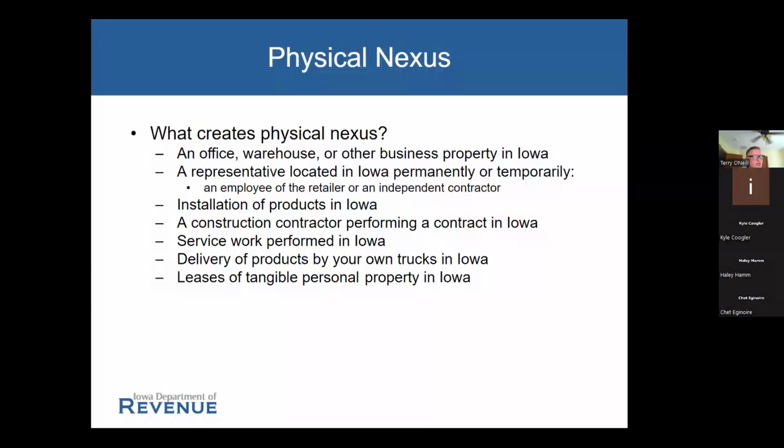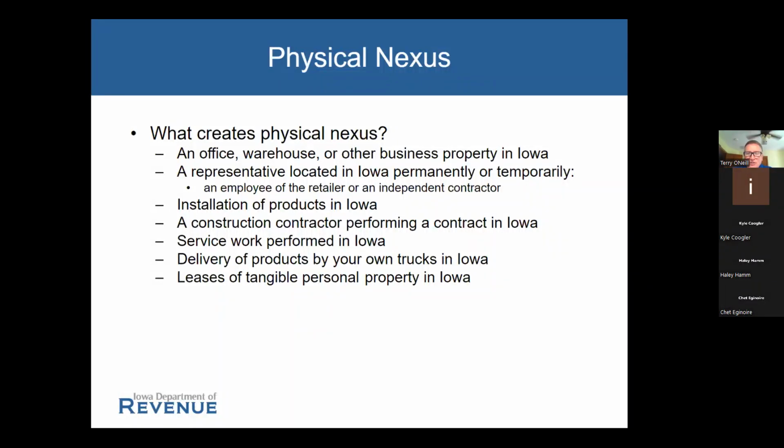If you're a construction contractor, maybe you're performing a construction contract in Iowa, you're physically here with your employees, that would establish a physical Nexus. If you're installing products in Iowa, that would establish a physical Nexus. So basically, what I'm trying to say is if you physically come here to Iowa, that would give you a physical Nexus.